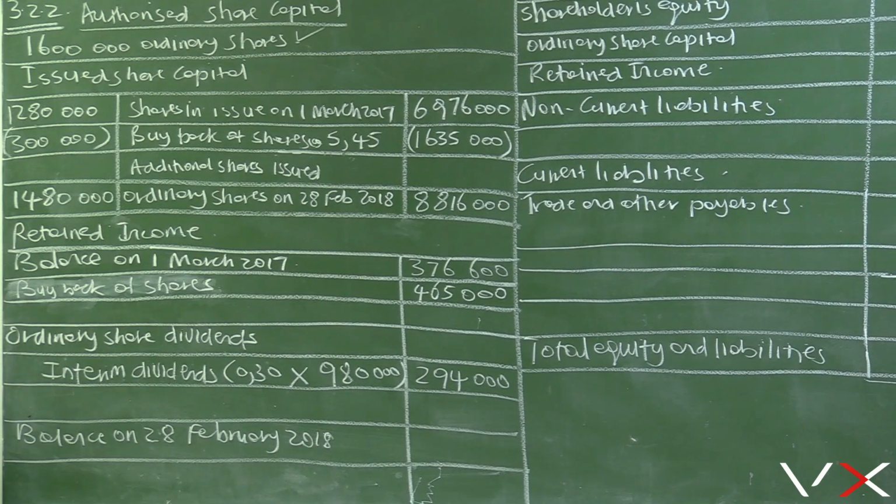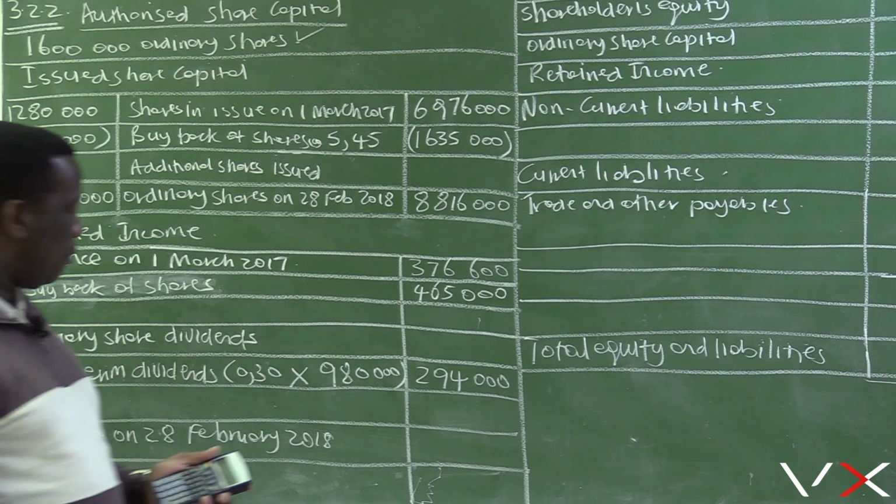So 1,480,000, we will work backwards. 1,480,000, and if you are working backwards, this 300,000 will be a plus because it is a minus. 1,480,000 plus 300,000, and then minus 1,280,000, because 1,280,000 is positive, so working backwards it's going to be a minus, and then it equals 500,000.